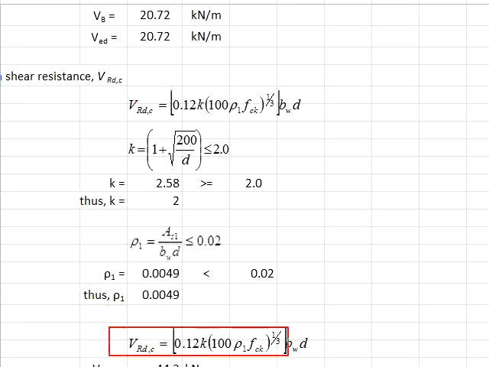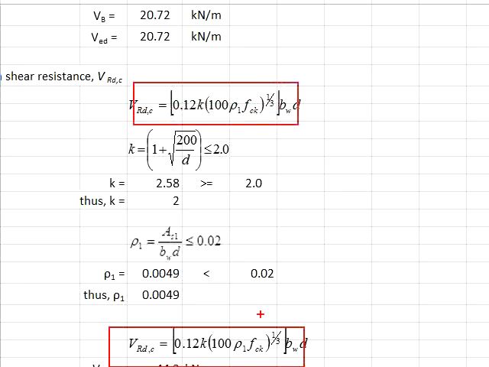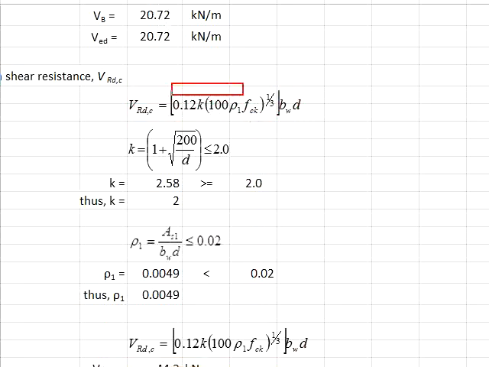This is the formula of VRd,c. These two formulas are the same, which within the formula here, you have k, you have rho, you have fck, you have b, and you have depth. The k is given by the equation here, which is in the function of the effective depth.